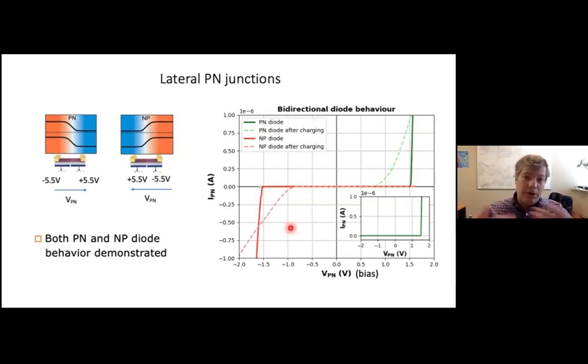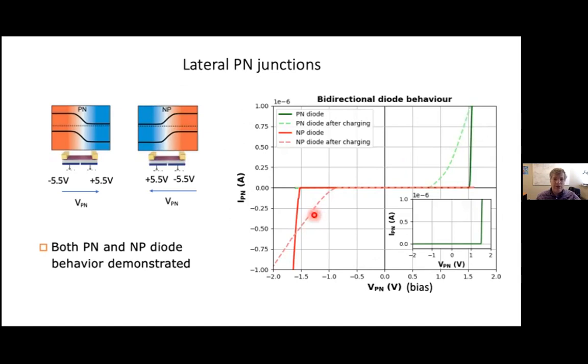But if we switch the polarities, then we would get the red curves here. And we can see that we indeed get an NP diode in that case. Everything looks pretty symmetrical, both the initial sharp turn on as well as the more gradual turn on that we see after subsequent IV traces on the device.